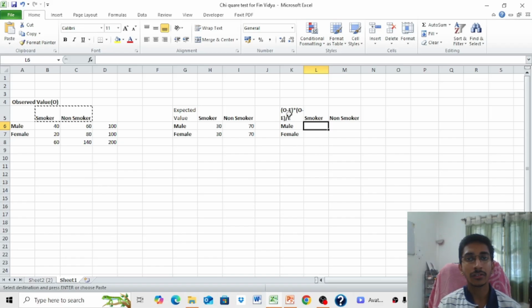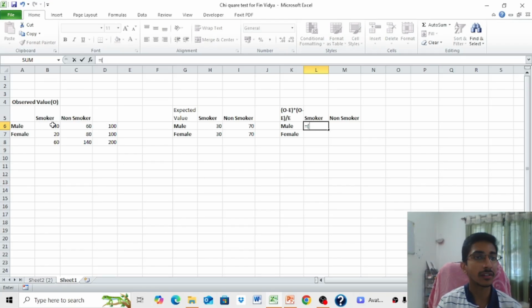So how do we calculate? Observed minus expected: first open a bracket, observed value minus the expected value, clear, multiply, bracket again open, observed value minus expected value, bracket close, divided by expected value, clear, just enter.